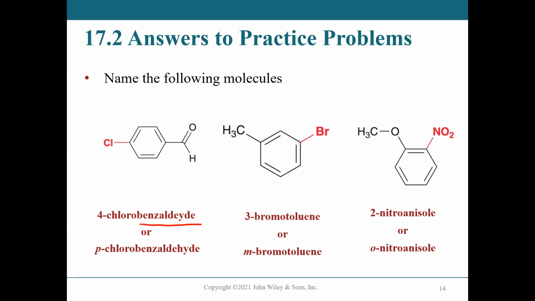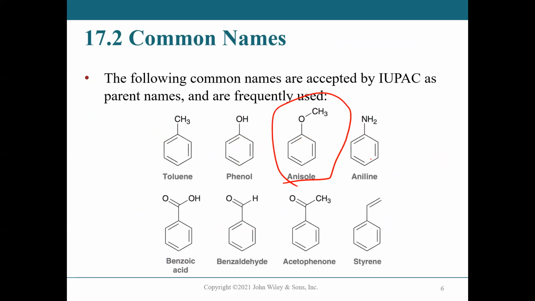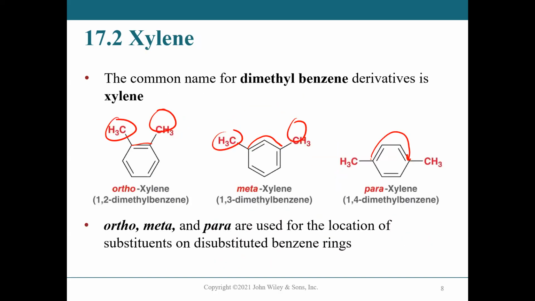That's right. In this case, this is more common, and this is the anisole group, because if we go back to these common names here, that's all I'm going by. So we have the common name as the parent name, and then we put our substituents in front of that parent name.